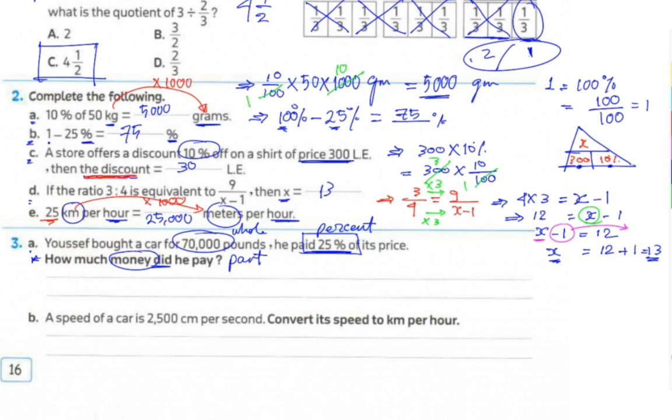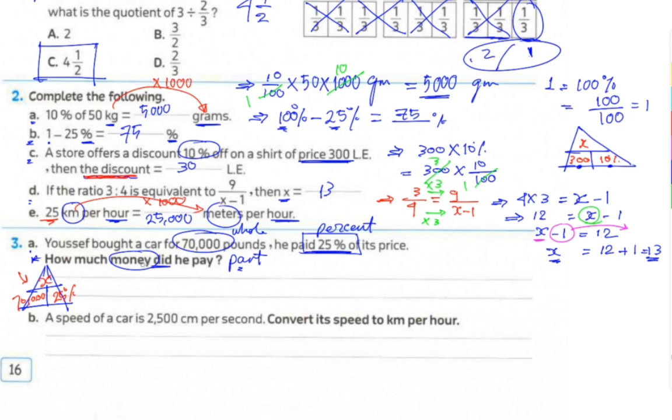Of course, I will use the algorithm. So the part is unknown here, that's x, and the total number here is 70,000, and the percent 25%. How to find the part x? I will multiply the whole number by the percent.